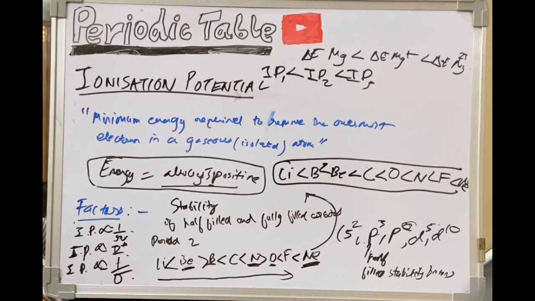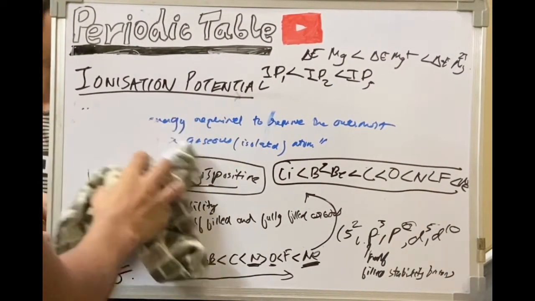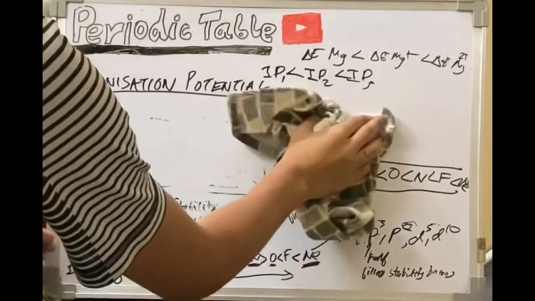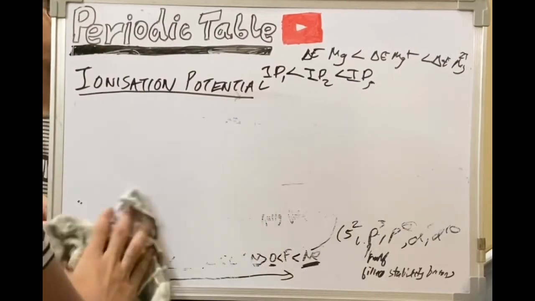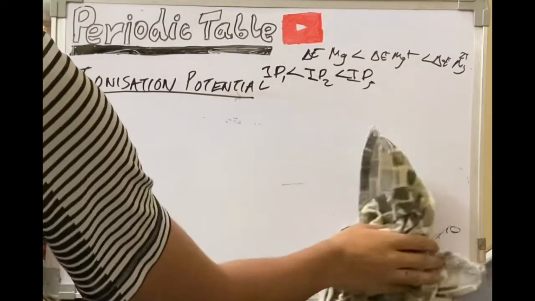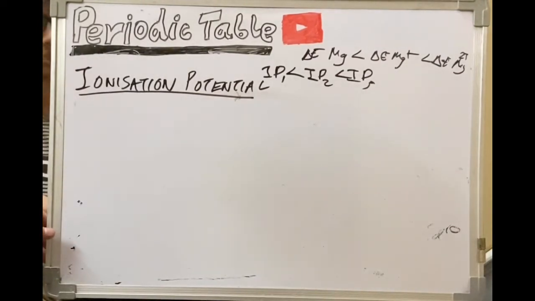Now down the group, how will the pattern be? Down the group there will be no effect of the stability thing. Okay, so you can just conclude that down a group ideally it should decrease as the atomic radius is increasing, nuclear charge is almost constant, and the sigma value is also constant. The nuclear charge is also increasing, but the atomic size is preferred.